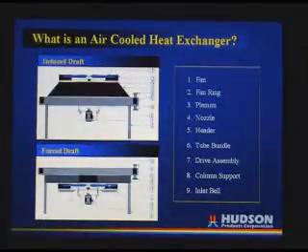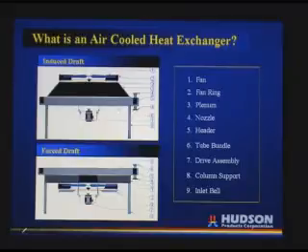There's a forced draft unit where the fan is located below the process bundle, which is shown here. Let me just use the process bundle here. You have your fan assembly below the bundle.